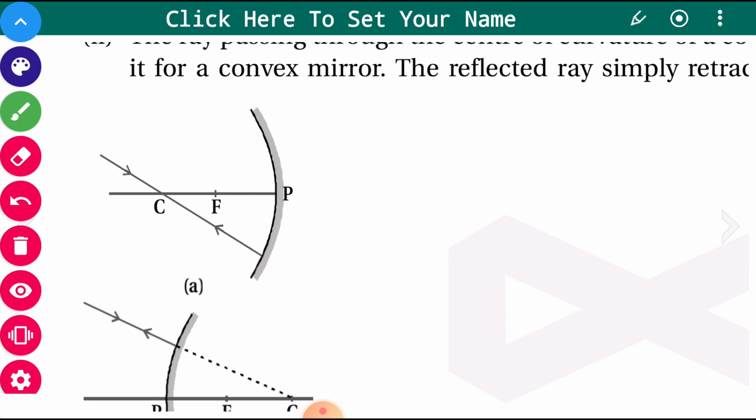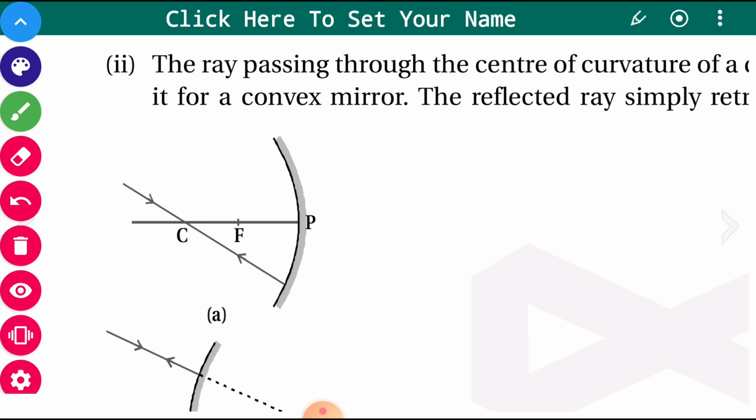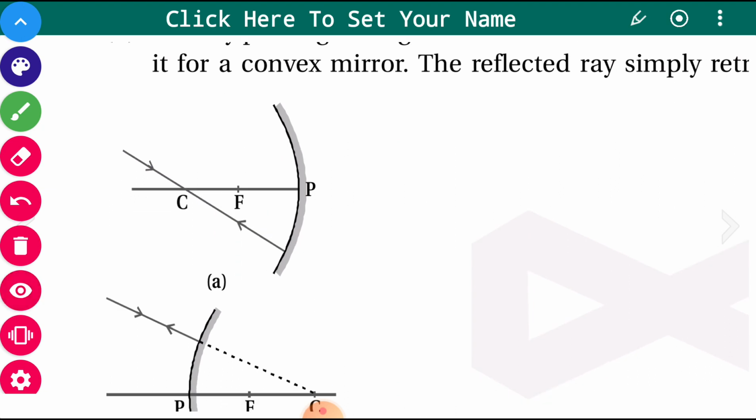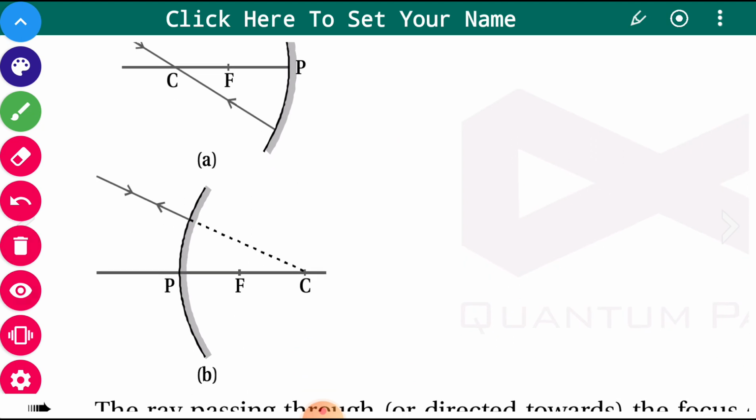You can see here the ray is passing through the center of curvature of the concave mirror, and it is reflected back in the same direction. And here if you take the convex mirror, and the ray is appearing to pass through the center of curvature of the convex mirror, then this is the direction of incidence, and this will be the direction of reflection on the same path.